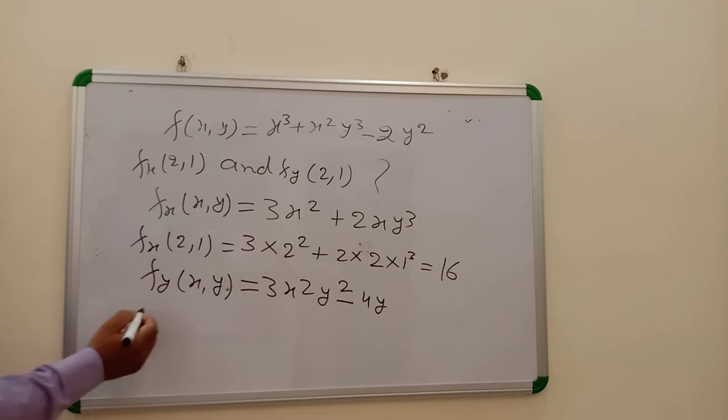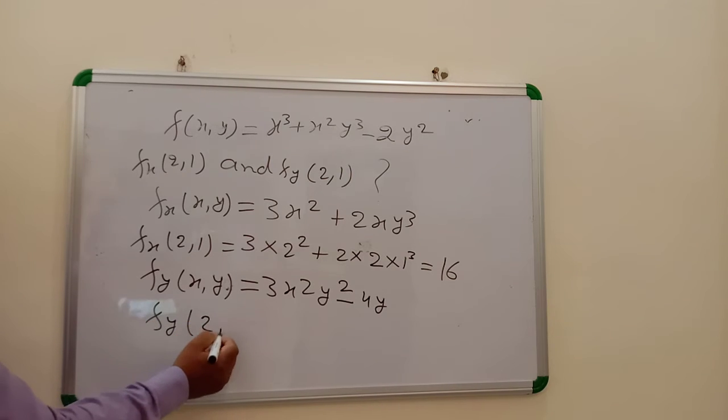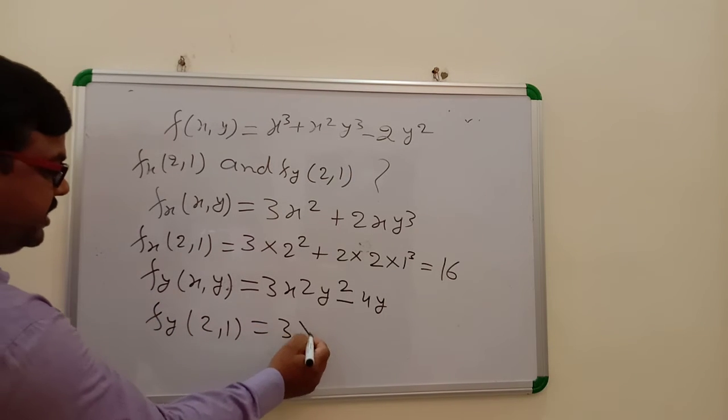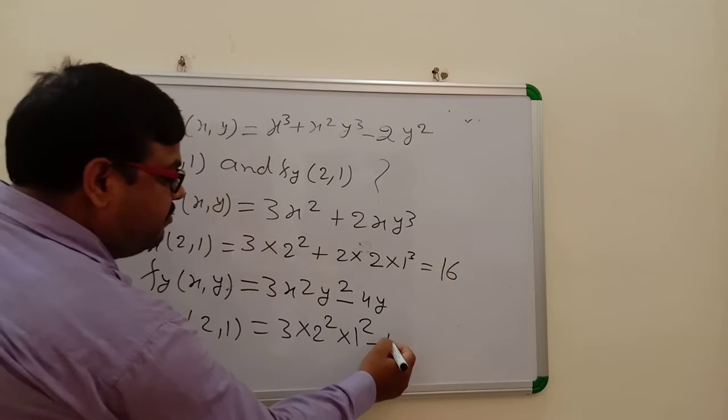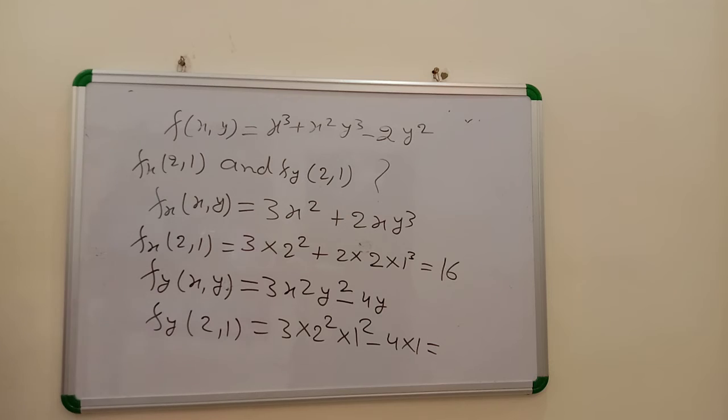Hence, f_y(2,1) is equal to 3 into 2 square into 1 square minus 4 into 1, and this is equal to 8.